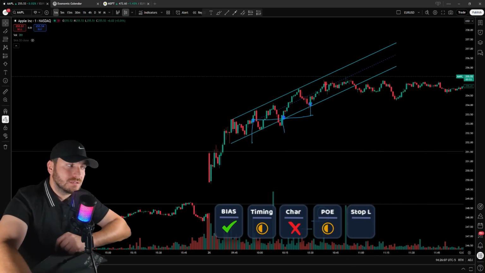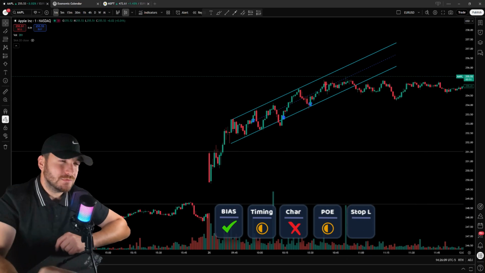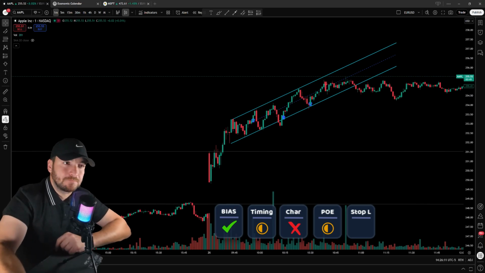Stop loss. I don't really like to move the stop loss, and I will say that I'm a little bit lazy to move the stop loss, but this was one of those trades where I kept moving the stop loss. Let me explain. My first stop loss was somewhere here, if I remember well. Okay, good. Did not touch, kept pushing up, did not touch, kept pushing up.